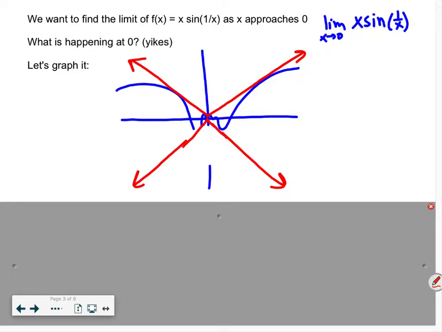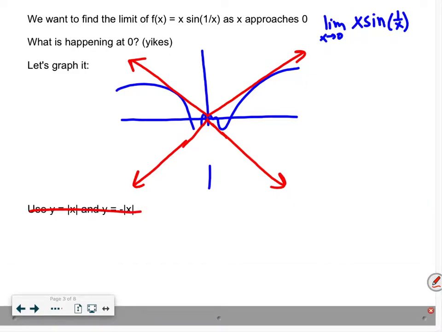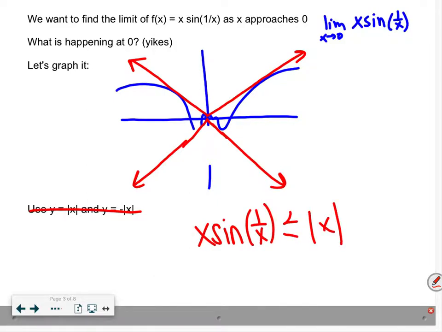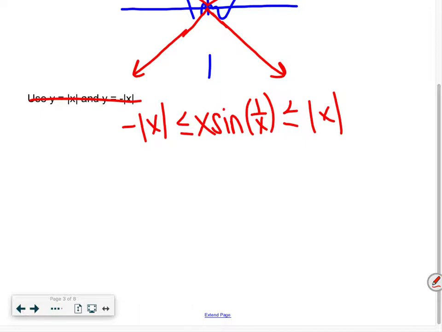So what we can do is, since this function is in between the absolute value of x and the negative absolute value of x, we can evaluate the limit towards 0 of the outer functions, and that can tell us what the limit is of this wonky sine function. What's the limit as x approaches 0 of the negative absolute value of x?